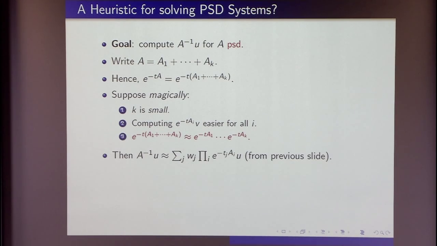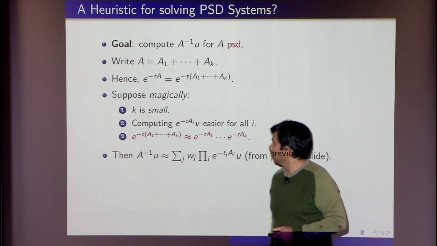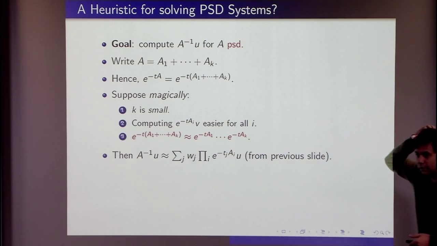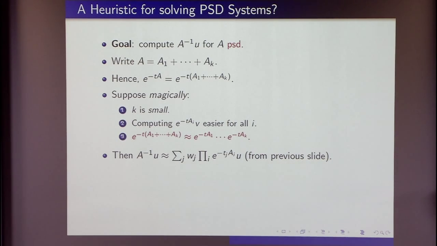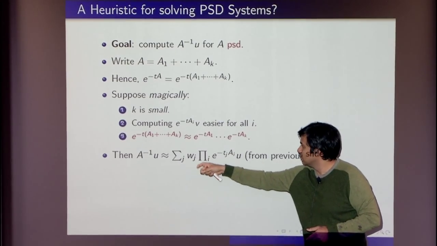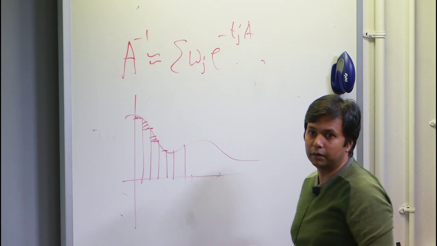And so then you could just write down the following approximation. You use the theorem from the previous slide, which told you that A inverse for any positive definite A could be approximated by this thing.